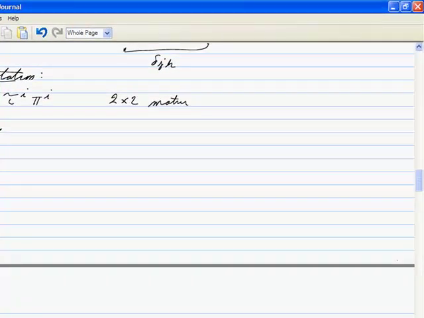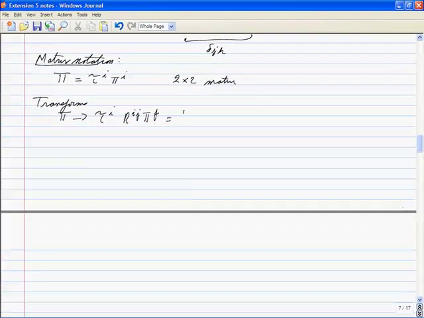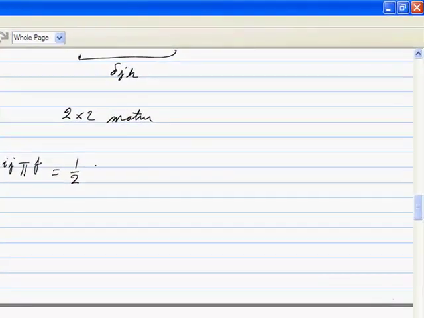Pi goes to, tau itself doesn't really transform, it's just a matrix, but it becomes R_ij tau_i, R_ij pi_j, which is 1/2 tau_i trace of U dagger tau_i U tau_j pi_j.